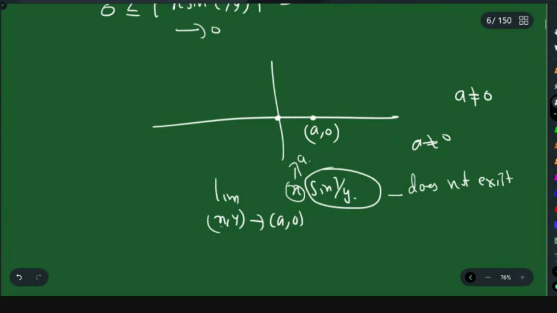If you want to extend at this point, the limit should exist there; only then can you extend it continuously. So at those points you cannot extend the function continuously. Only at 0 can you extend it; at all other points you cannot. So what about the fourth option?